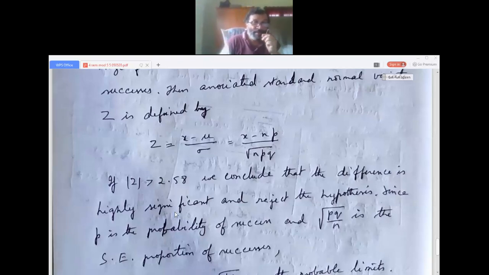Understand this. Again I repeat, if mod Z is greater than 2.58, the difference is highly significant and we reject the hypothesis.